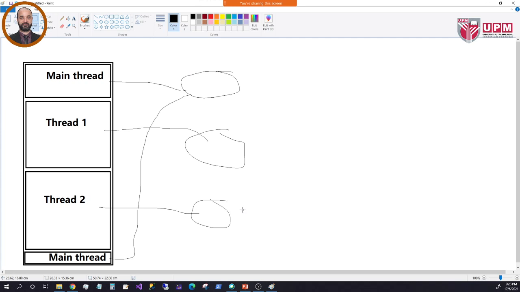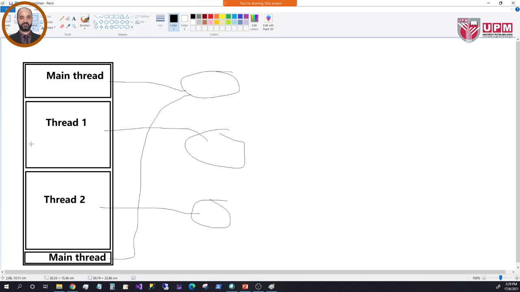Coarse. Why? Only 3 threads, not 4. What does it mean, 3 threads? It means that every thread has a huge task to finish, right? A big task to finish.